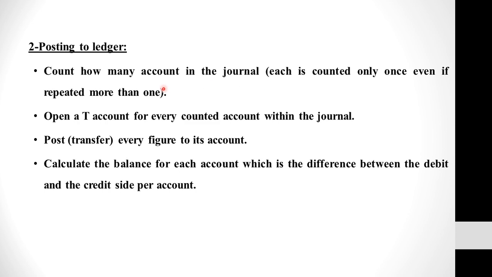So we start by counting all the accounts we have within the journal, and we make sure that we only counted each account once. Then we open a T account for every counted account. Then we post or transfer every figure to its corresponding account within the ledger. And finally, we calculate the balance for each account, which is the difference between the debit and the credit side per account.